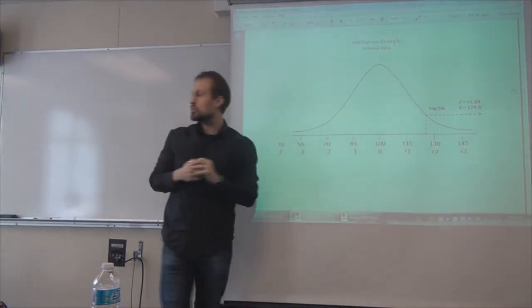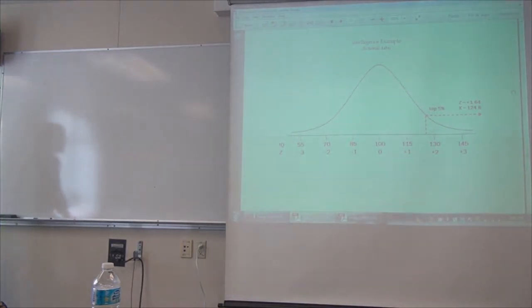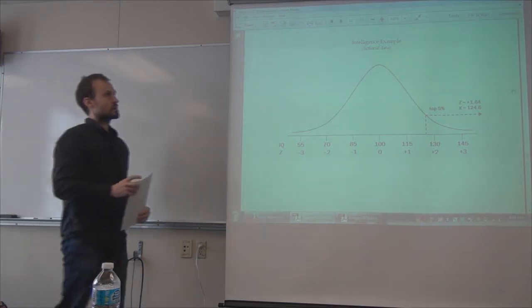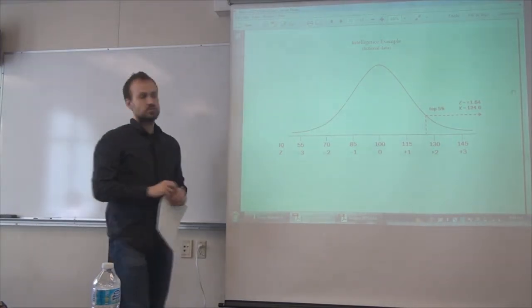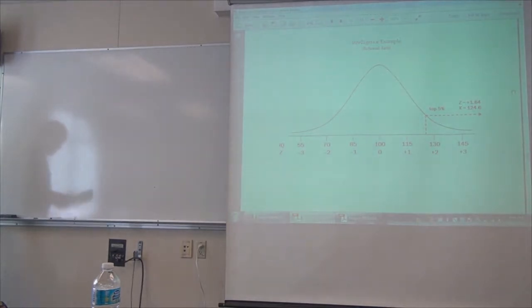So I don't want it to be too big, but I don't want it to be too small either. Something in the middle, and 5% is often a good one to use, and we'll use that one very often. But some people do prefer 1%.